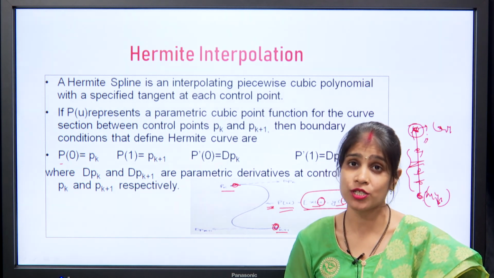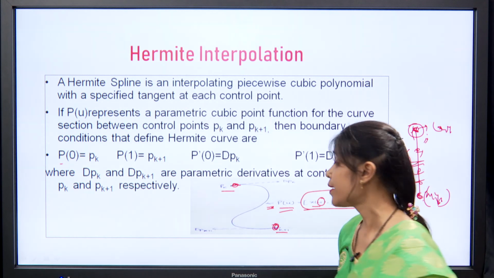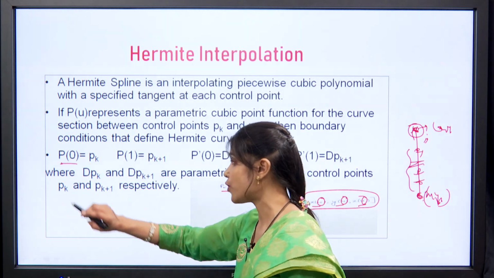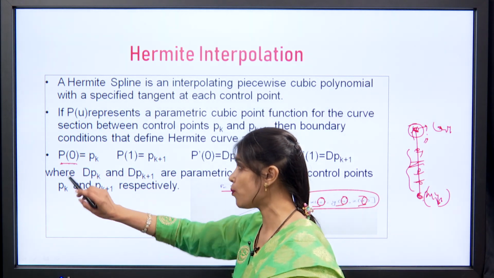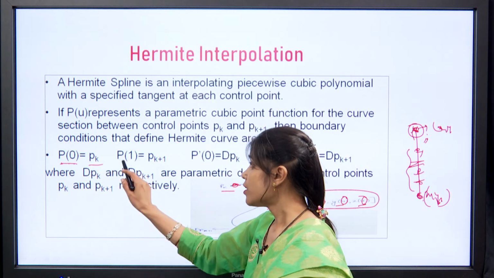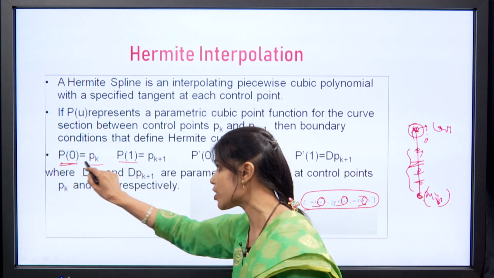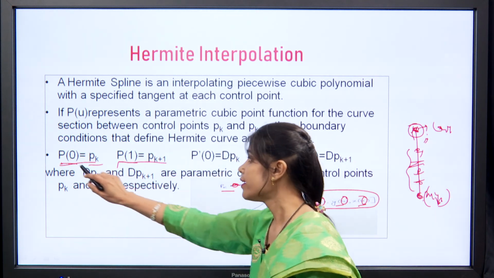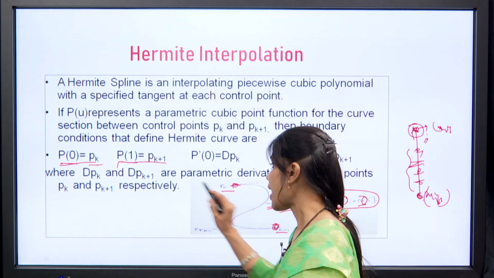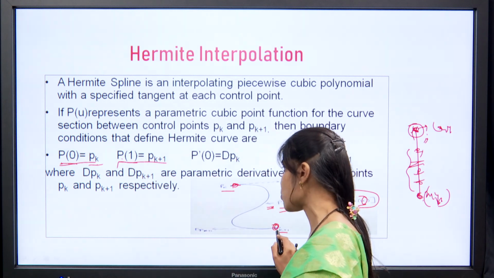The boundary conditions that define the Hermite curve are: P of 0, the first point, is Pk, and P of 1, the last point, is Pk plus 1.